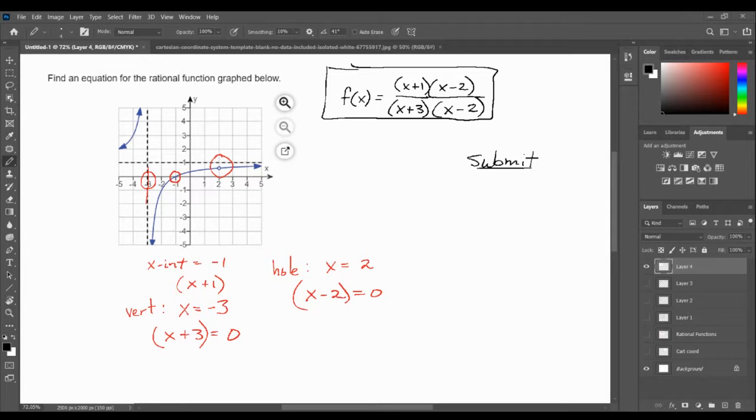Again, understanding those concepts. Do you have any questions on that one? This is the last one in the homework, so you'll get to it.